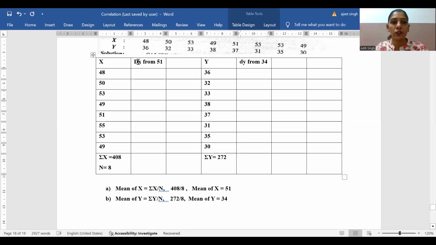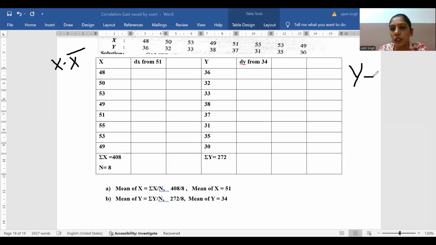The formula for calculating dx is x minus x bar, and for dy it is y minus y bar.